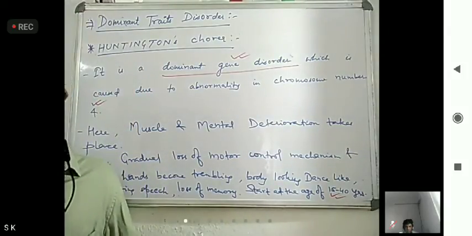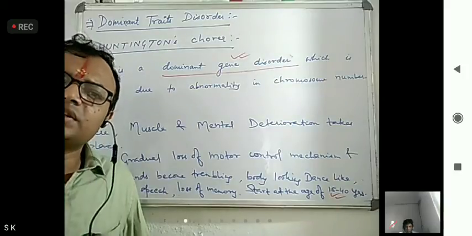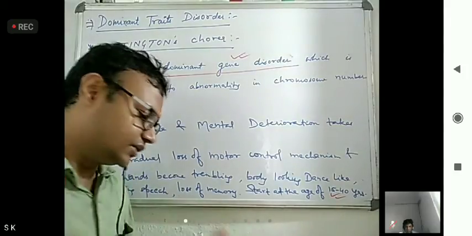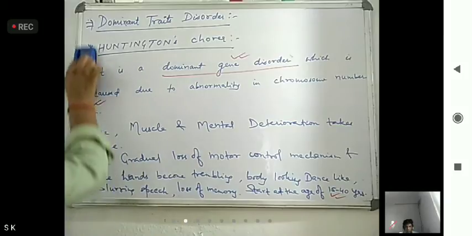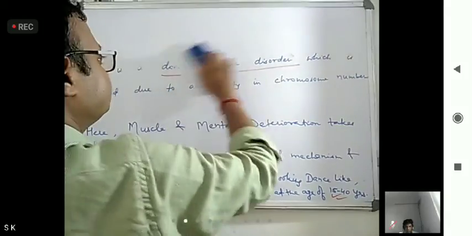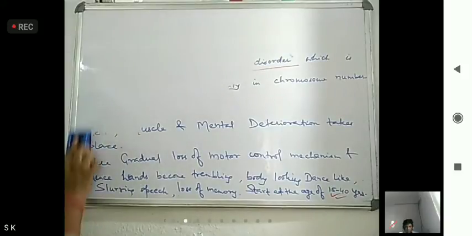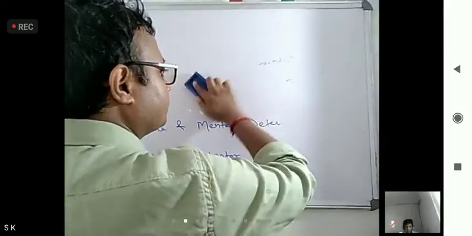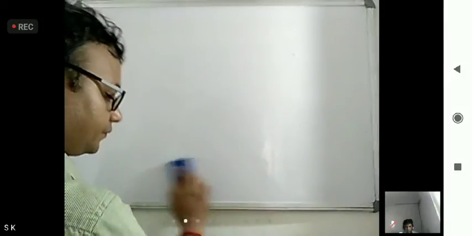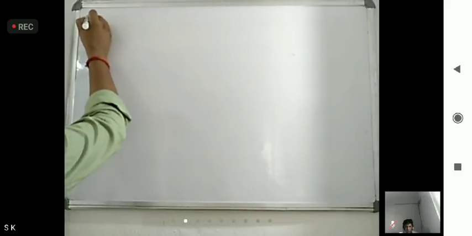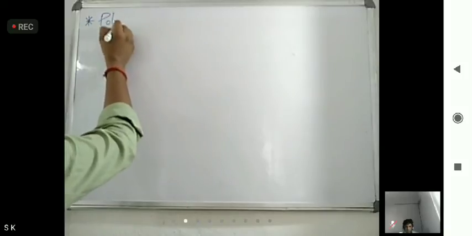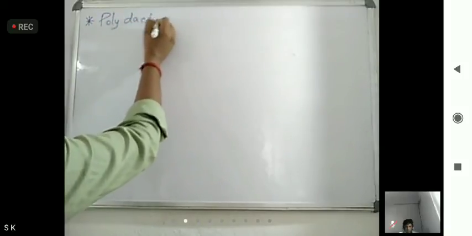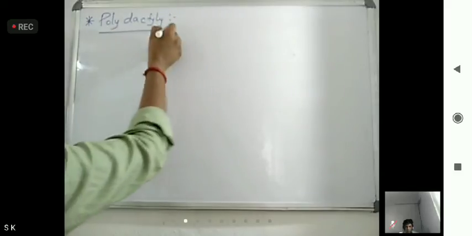Okay. Now, next is some single word, like polydactyly. So what is that? Polydactyly. One disease is there that is known as polydactyly.